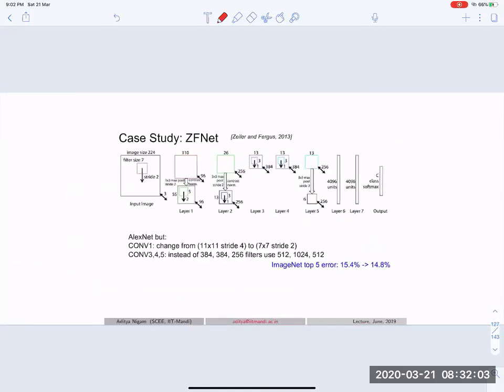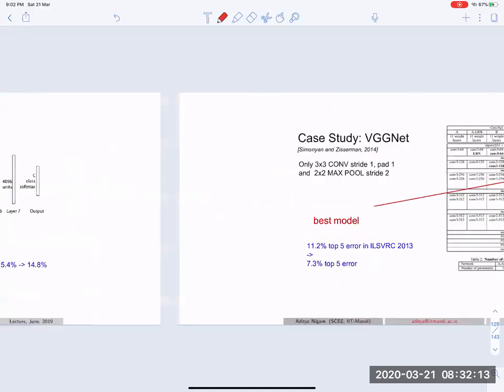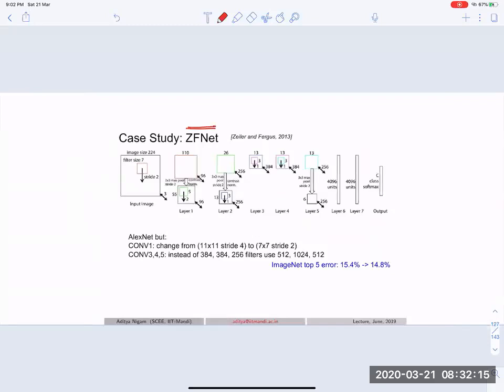Later in 2013, a very good architecture called ZFNet came. This structure was not very different from the previous one. The only difference was that in place of the 11 by 11 filter, they applied 7 by 7.